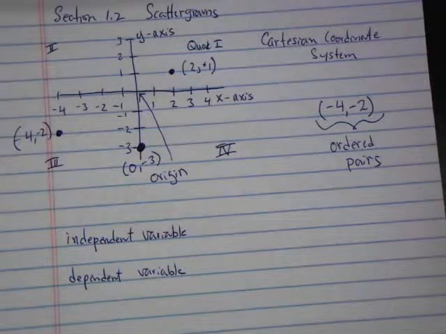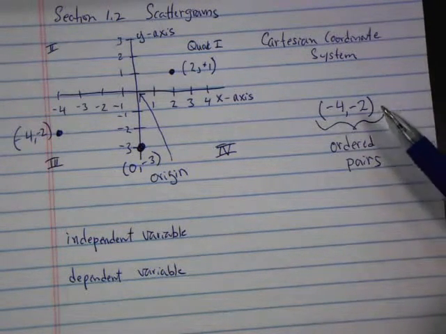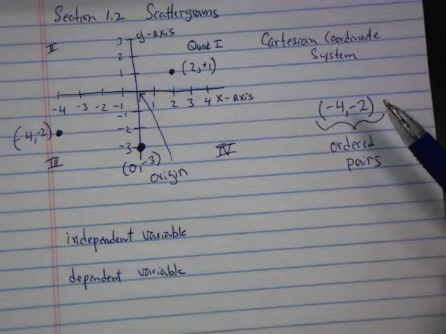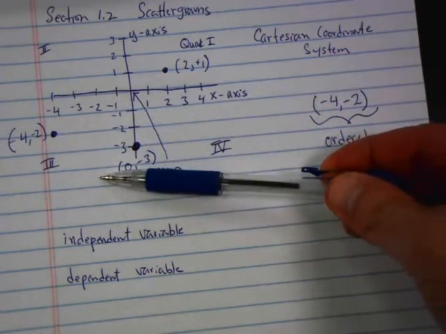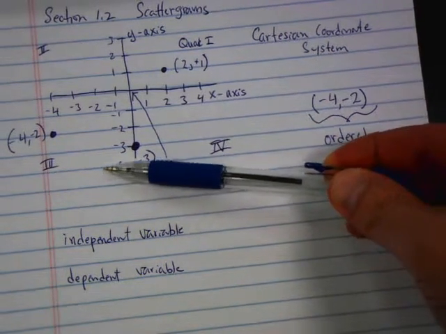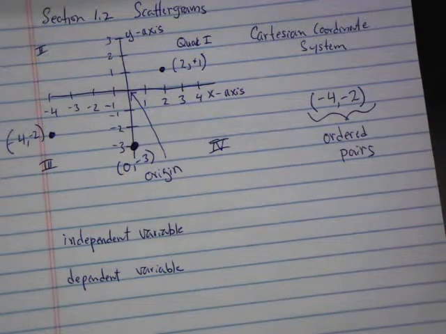Because it's a pair because there's how many things? 2. And they're in order, x and y. So negative 4, negative 2 is different than negative 2, negative 4. The order that you write them in does make a difference. Where would negative 2, negative 4 be? Over negative 2 and down. It would still be in the third quadrant, but it would be in a different spot, wouldn't it? It'd be right about here. Negative 2, negative 4. So they are different, order matters.